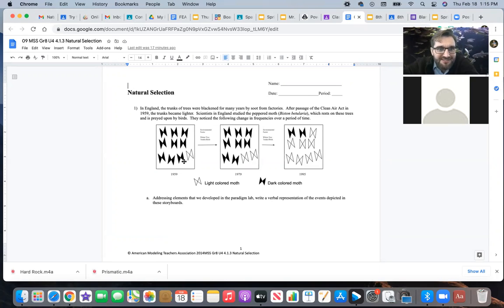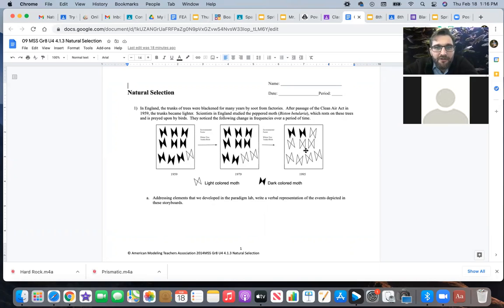Notice that there are 10 of the little peppered moths here, which might represent 10% of the population for each one. So in this case, 90% are black or darker colored peppered moths and 10% are light colored moths. By 1979, we end up with about 20% being light colored moths and the other 80% being dark colored moths.